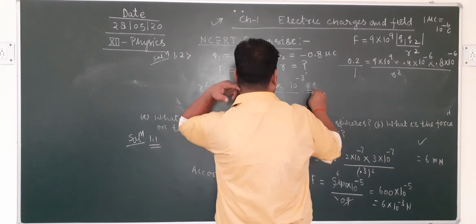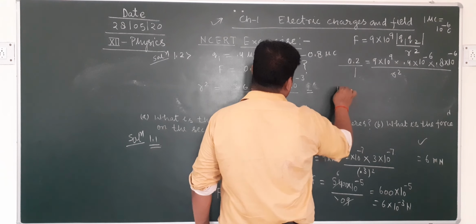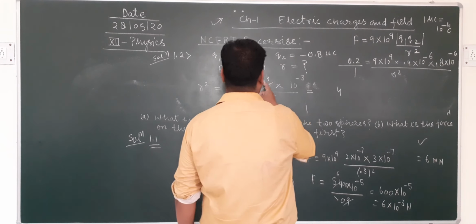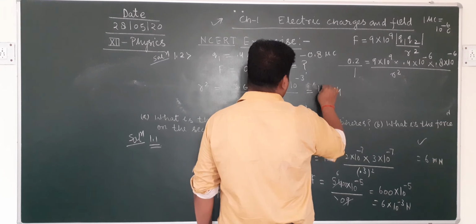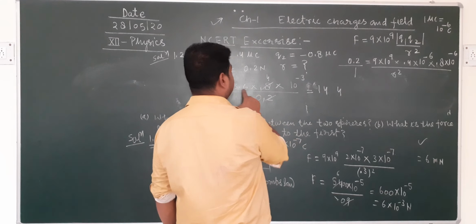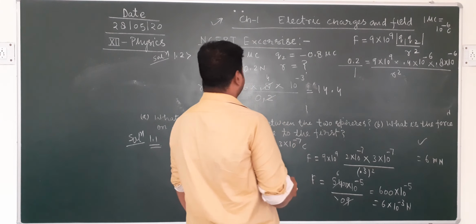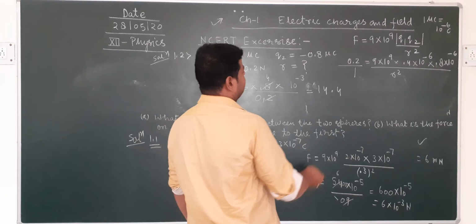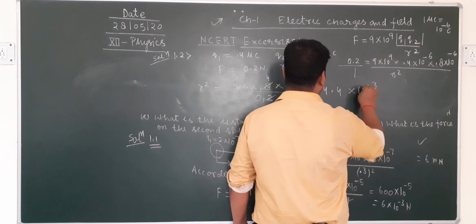So here we write 4 into 6 is 24 and 4 into 3 is 12 plus 2 means 14. But here we place the decimal after one place of 4. So here we write 14.4 multiplied by 10 raised to power minus 3.